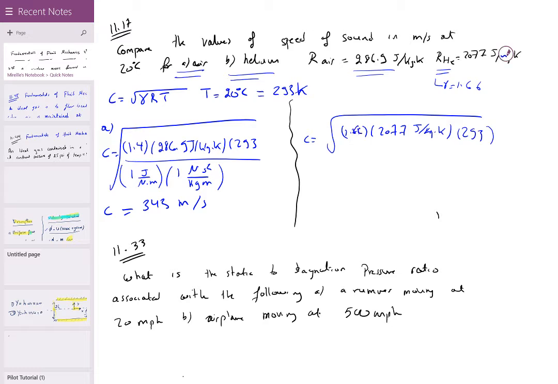So I must put 1.66 here. Therefore, I will get 1005 meters per second. Again, I must divide by 1 joule per Newton meter and 1 Newton second squared per kilogram meter. All those conversion tricks we did in tutorial number 1, so you must check your notes.